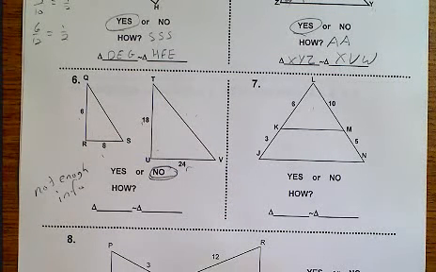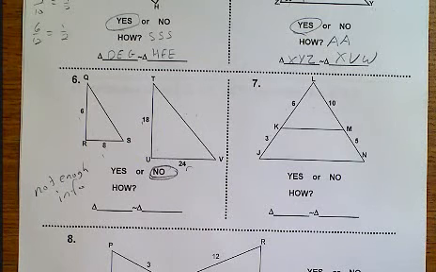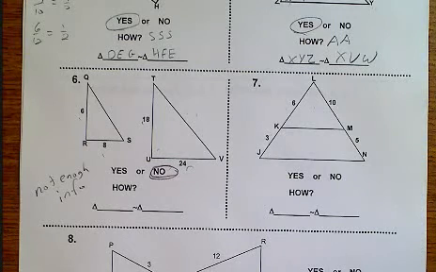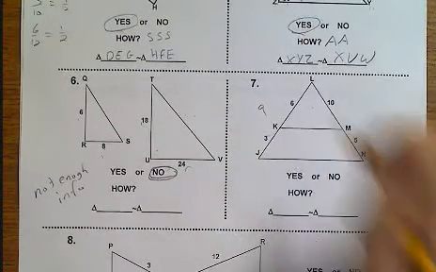Well, let's take a look at number 7. Okay, here we're looking at number 7, and they give us some numbers. And I'm looking at it and I go, well, 6 and 10, 3 and 5, which means this whole side is 9, and this whole side is 15.